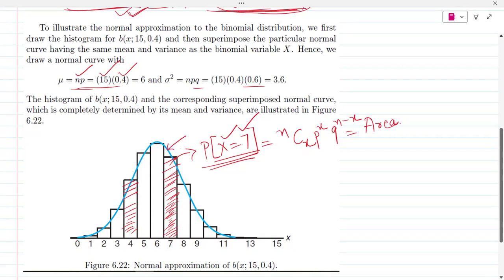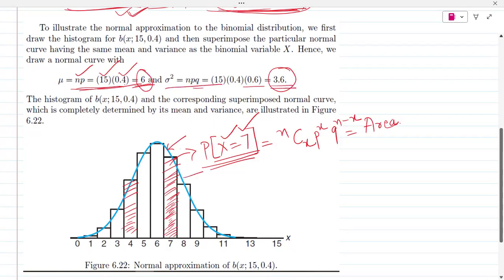Actually, this curve has been drawn by taking the mean mu as 6, which is the mean of the binomial variate also, and by taking the variance sigma square as 3.6.